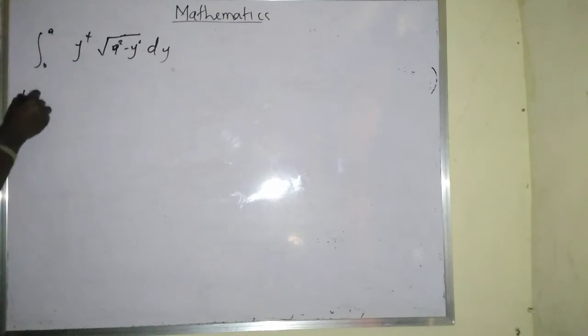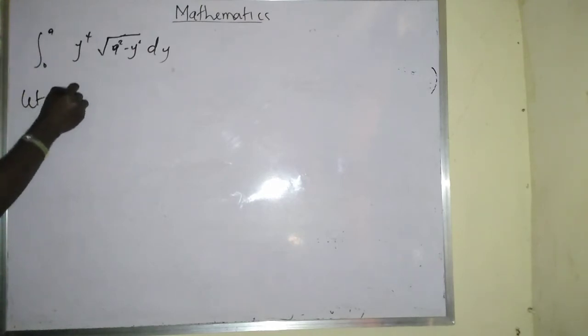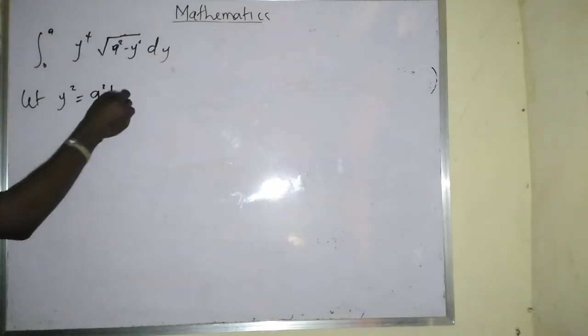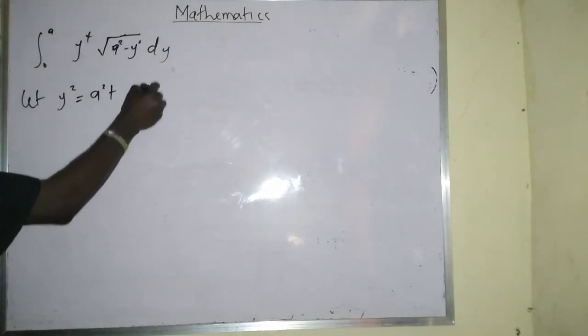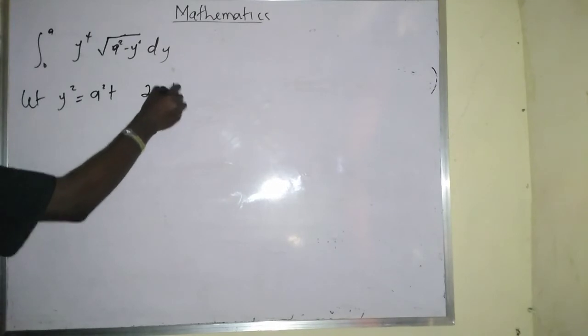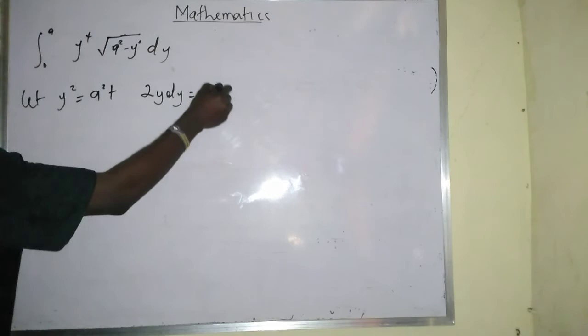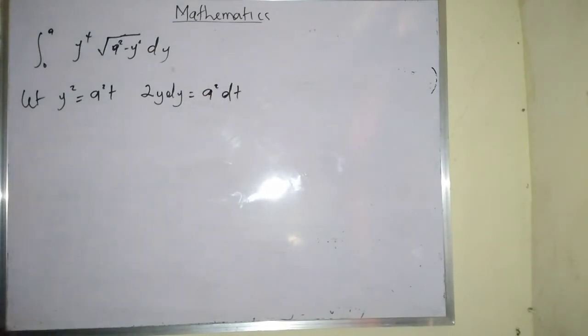There is something I just said: let y squared equal a squared t, and if I differentiate, 2y dy will be equal to a squared dt.